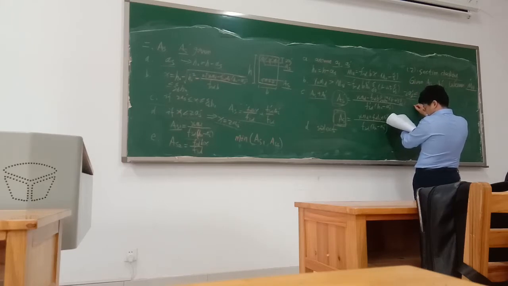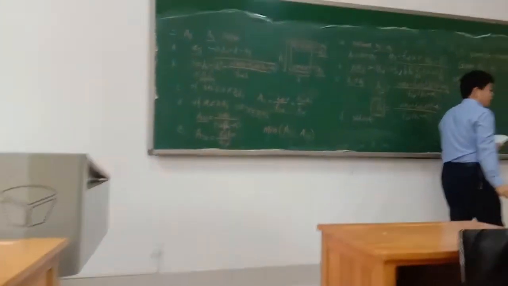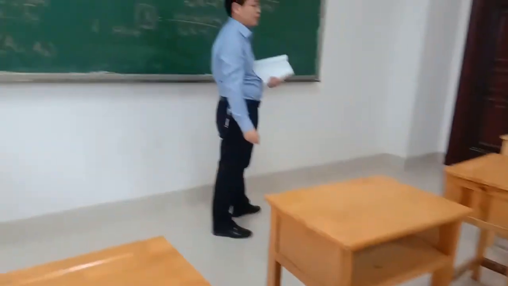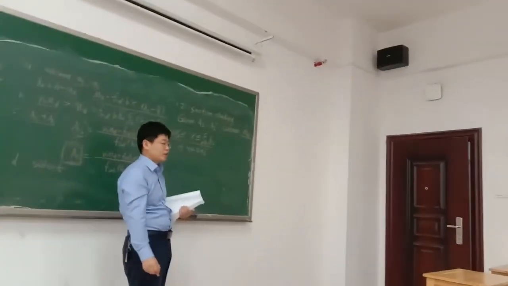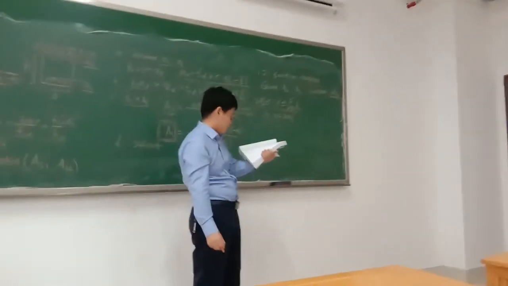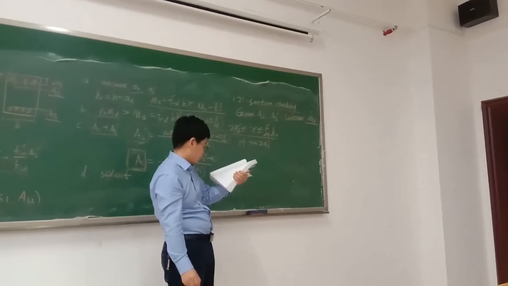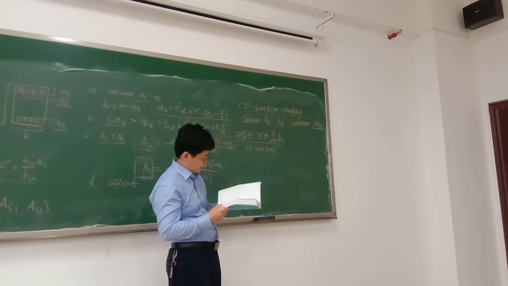If x is smaller than 2 times a_s', that means the reinforcement in compression has not reached the yield strength. So in this situation, we just make it simple. We use equation 3-26.